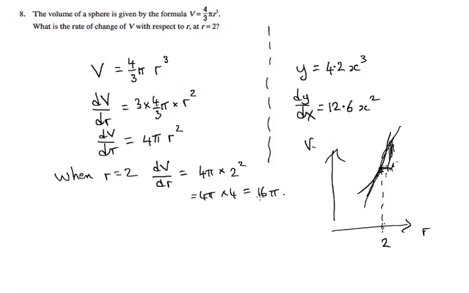That's just over 3, about just over 48 units for the volume. So that's what's happening in the sphere when the radius is size 2 and it's still increasing. That's the rate at that particular point, the rate at which the volume of the sphere is increasing. So 16 pi, let's have a look at the choices that were given, and there it is, it's choice C.